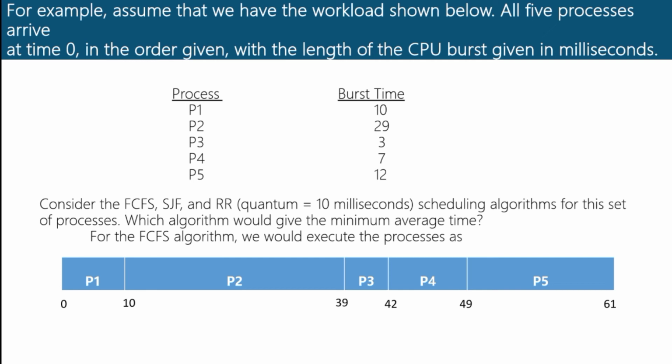Starting from P1 to P2, and then followed by P4, P4 needs to wait for 42 milliseconds by adding the 3 burst time of P3 to P1 and P2. Also, P5 needs to wait for 49 milliseconds, because that is the total waiting time for P1, P2, P3, and P4.